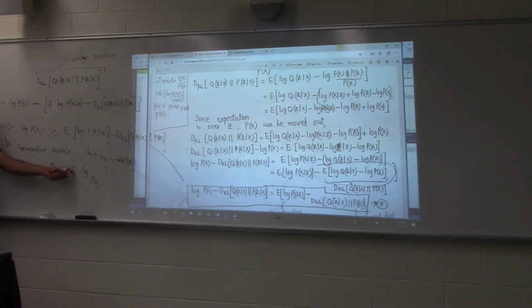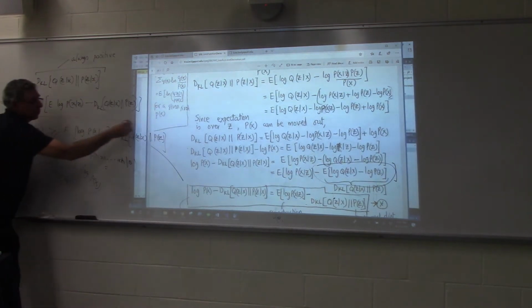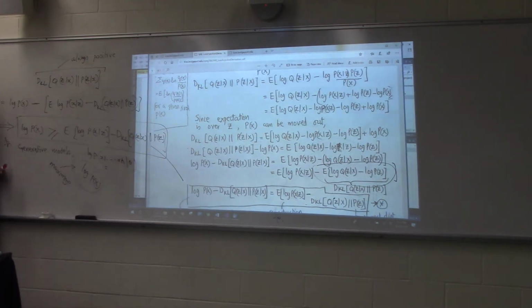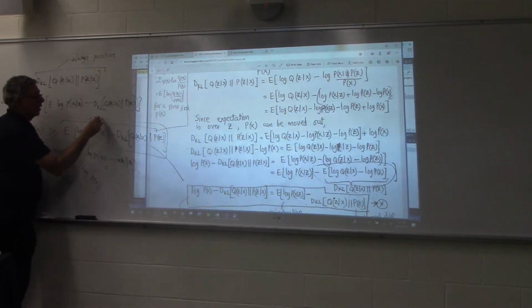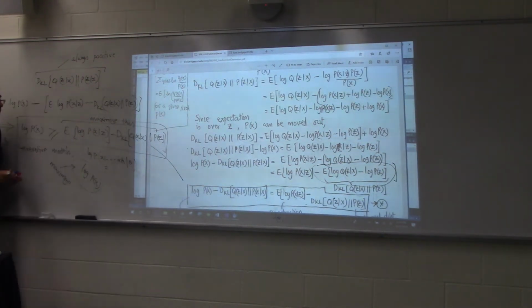Any model that gives us the highest value is the best model. You guys agree? So now try to understand this equation. This equation is saying for us, for this to be maximum, first of all, it has to be greater than this. So maximizing this, won't it automatically mean maximizing this, the right-hand side?